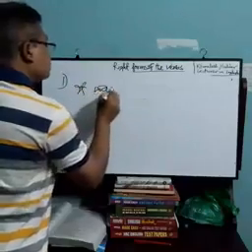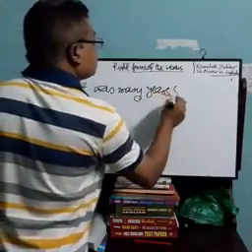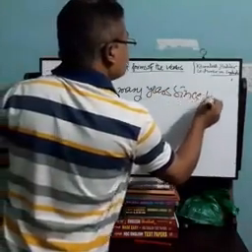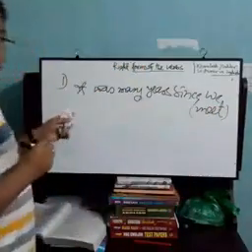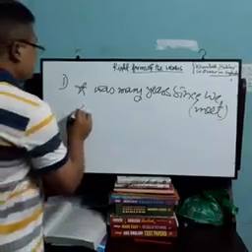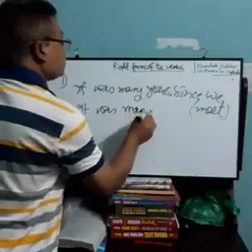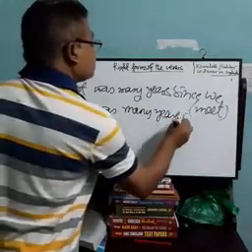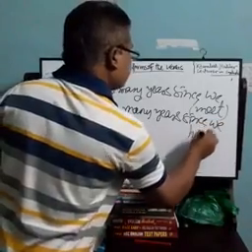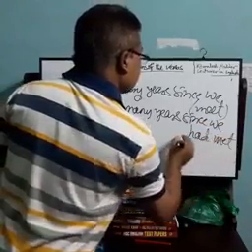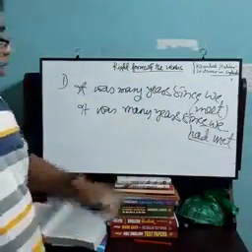it was many years since we met. The correct sentence would be: it was many years since we had met, because the last clause will be in past perfect tense.